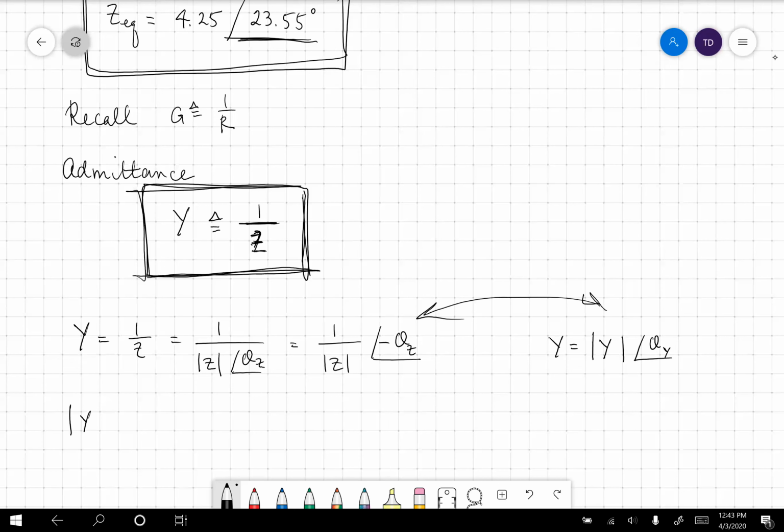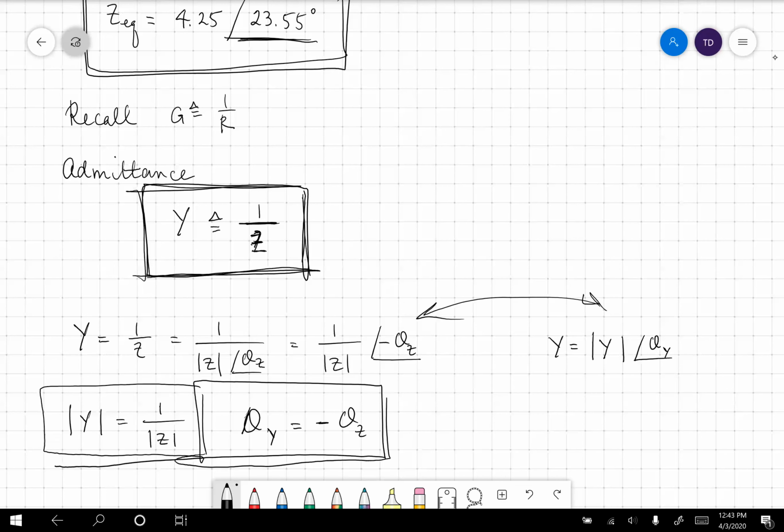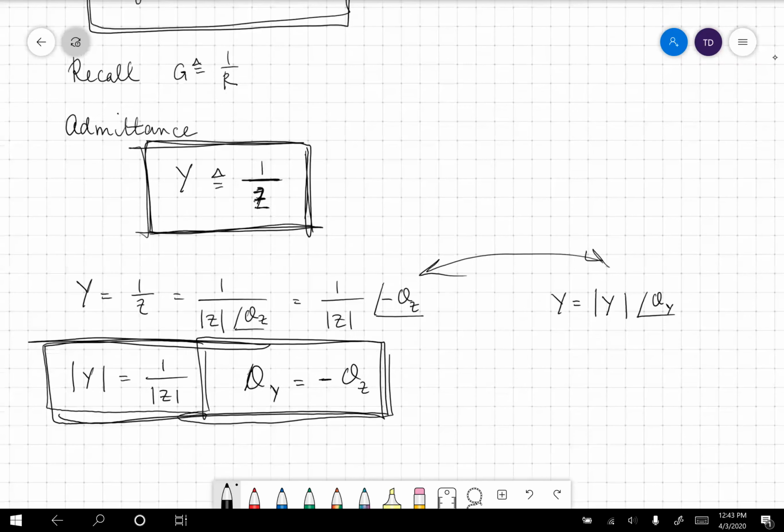The magnitude of Y in terms of Z is equal to 1 over the magnitude of Z. We know that the angle of Y, which is theta Y, is equal to minus theta Z. So they have the same angle but opposite in sign. So interesting. When the impedance is in quadrant 1, the admittance is in quadrant 4. Okay, so that's one way to look at it.